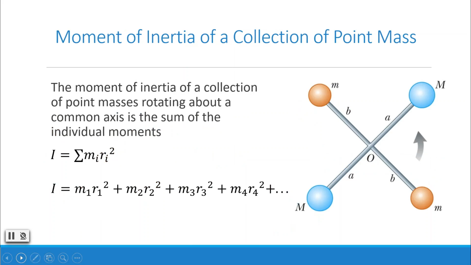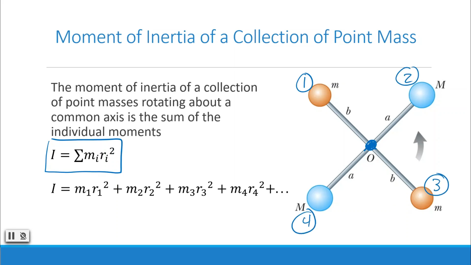Now, if you have a collection of point masses, say we have an axis of rotation here that's at the center of this system, then you basically just add them all up. So I is going to be the sum of all the little m_i r_i squared. So you take one of these, and then the next one, and then the one after that, and the one after that.